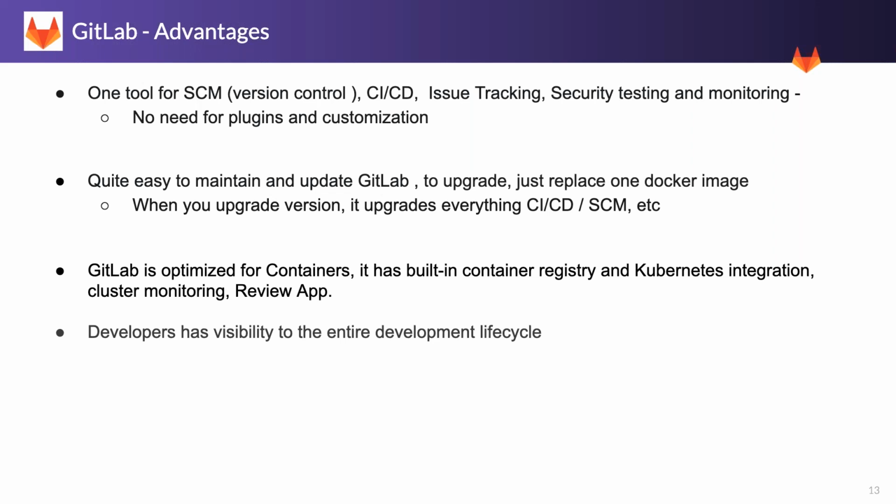And GitLab releases a new version on the 22nd of each month. There is a new version that you can replace without a risk and get a lot of features that will help users to achieve the goals that they want when they are adopting DevOps.